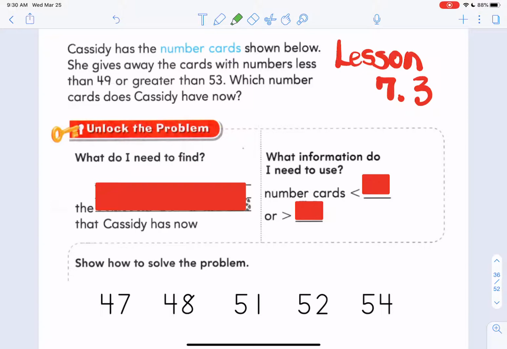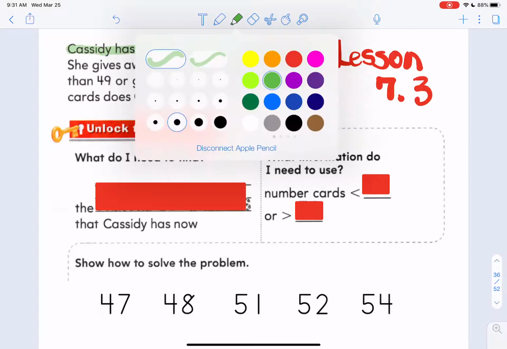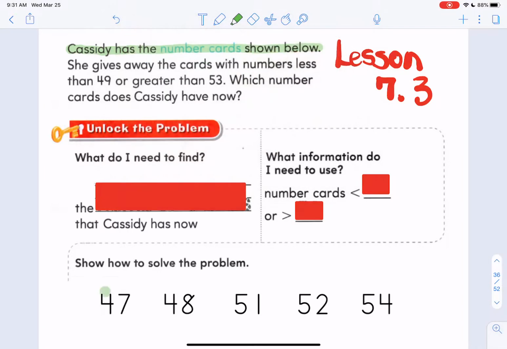This one says, Cassidy has the number cards shown below. Now, the number cards shown below, I'm going to highlight those for you. It's these number cards. So she's got the number cards 47, 48, 51, 52, and 54.